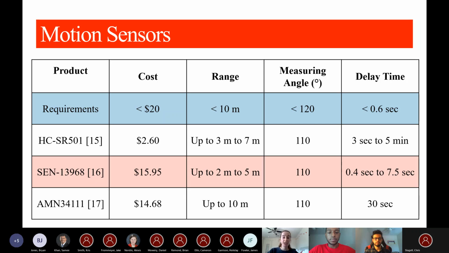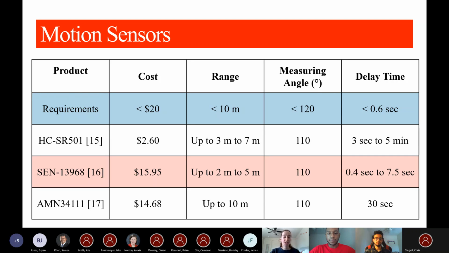PIR sensors can detect the presence of an individual very easily due to their ability to detect infrared radiation. This table lists the various PIR sensors considered. One of the most important things considered when selecting PIR sensors was the delay time for taking one measurement. The inner PIR sensor on the leg's main goal is to detect when the legs are in a parallel position. For this delay time, the maximum is 0.6 seconds.